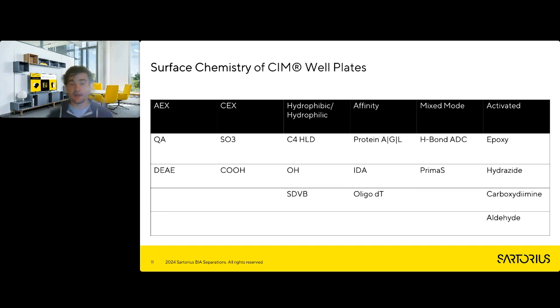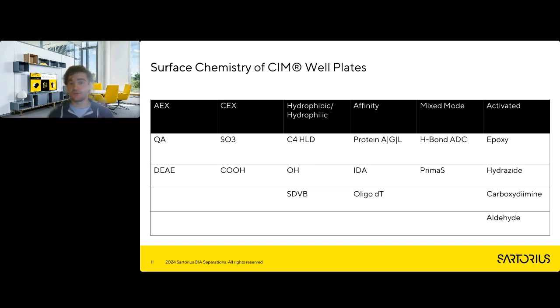We offer a wide variety of surface chemistries in SIM plates. We offer different anion exchangers: strong anion exchanger, quaternary amine, and weak anion exchanger, DEAE. Different cation exchangers: SO3, COH. Different hydrophobic and hydrophilic chemistries: butyl high ligand density, OH, which is our neutral ligand that we use under hydrophobic conditions, and our SDVB chemistry. This is a reverse phase chemistry that we use for polishing of mRNA.